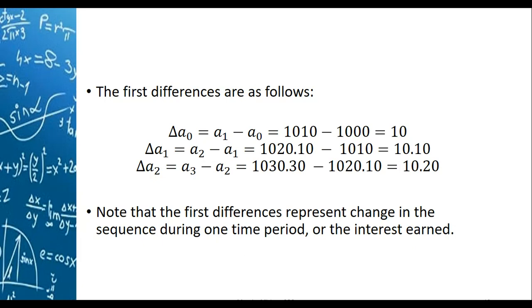You can see also the next difference for your A2. You will have another extra difference compared to your previous values, which is 10 ringgit and 20. You now can see these changes differ according to the interest that is passed on to the previous state, not passed on to your initial state, right?